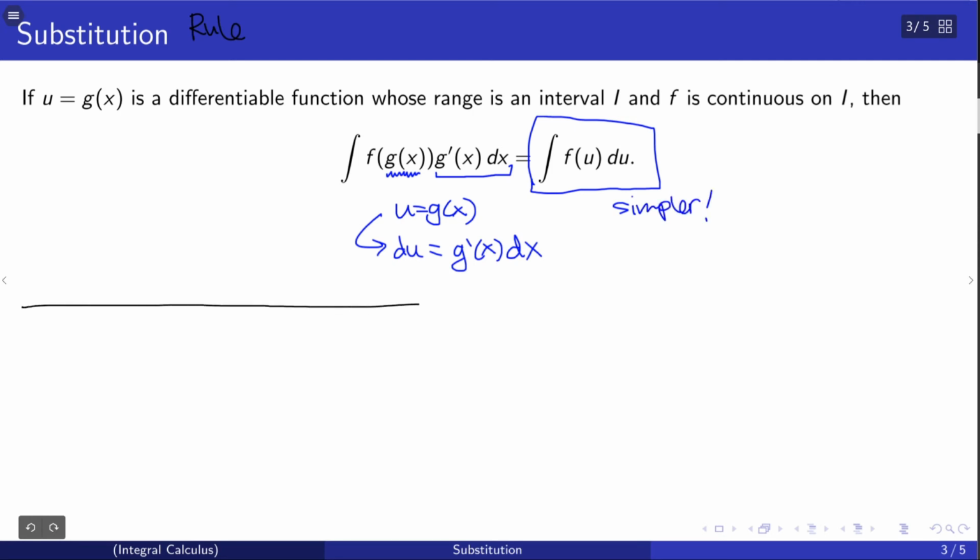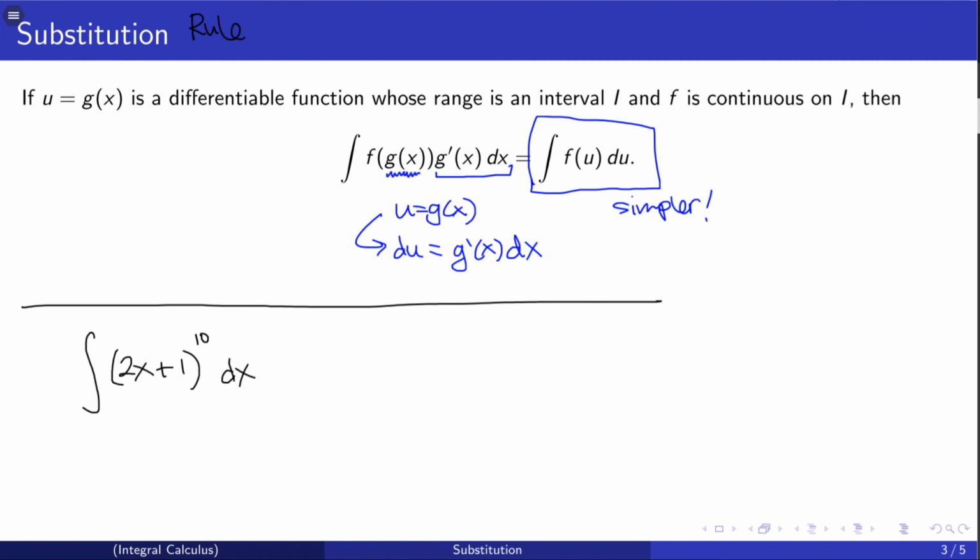So let's end with an example here, something that you may want to try yourselves as well. How about the integral of (2x plus 1) raised to the 10th power dx? Again, you may want to pause the video here and try thinking about this yourself first.